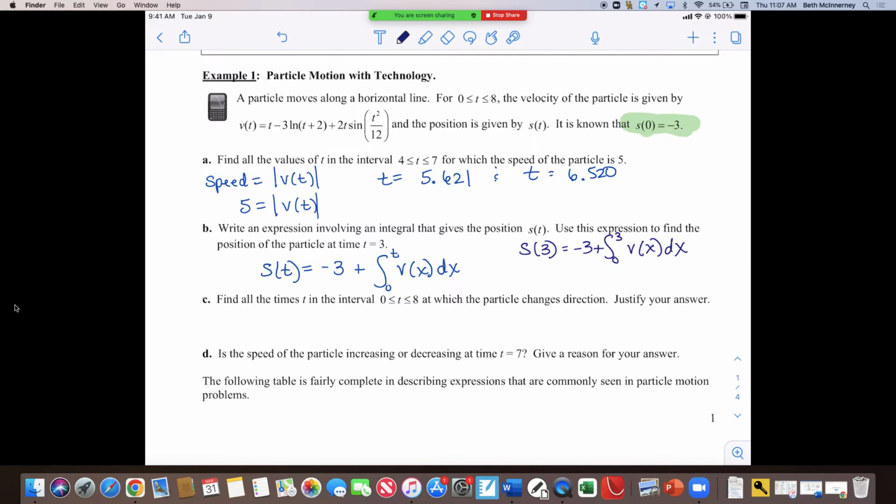It doesn't tell me the location. So I have to have that -3 out front. Let's make sure we can use our calculators here. And again, this is a bummer. I don't see any units in the problem, so I can't put units if I don't have the units.